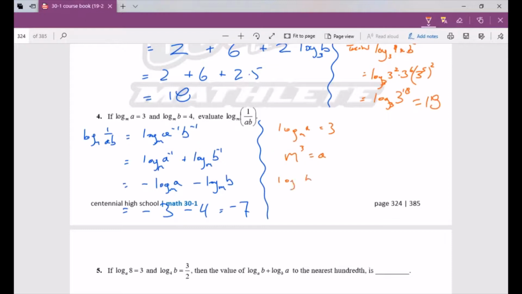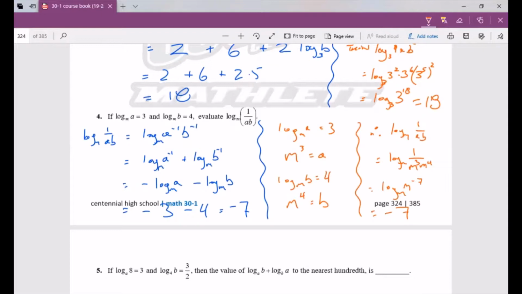Similarly, because log b is 4, m to the 4 is equal to b. Therefore, logarithm of 1 over ab base m is equal to the logarithm of 1 over m cubed m to the 4 base m. This is equal to logarithm of m to the negative 7 base m, which is equal to negative 7.